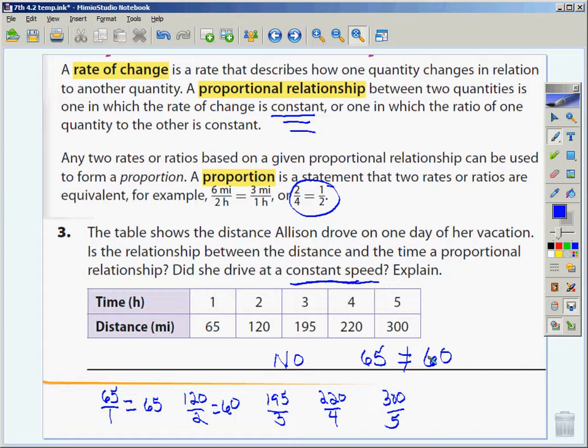Once I find two that are not the same, do I need to go any further? No. In order to show that it's constant, I have to go all the way to the end. But the minute that it's not constant, I can stop.